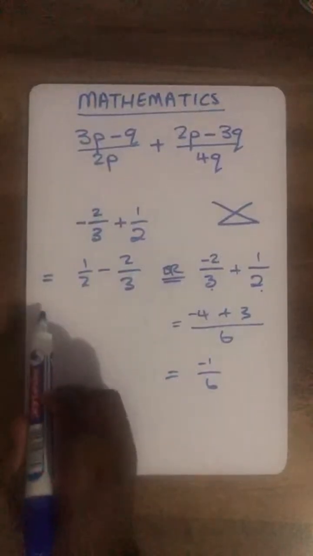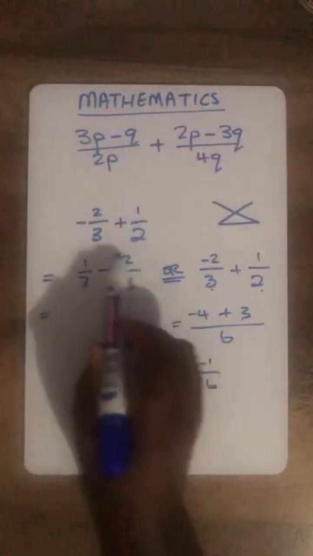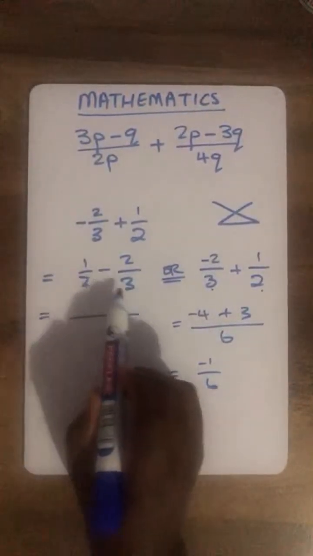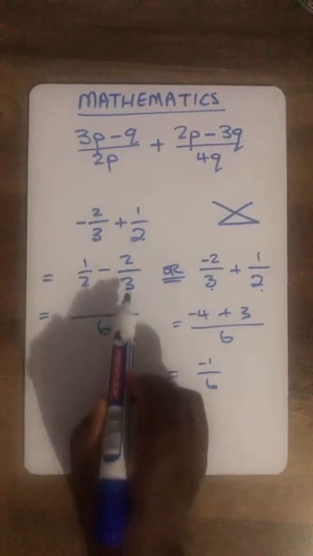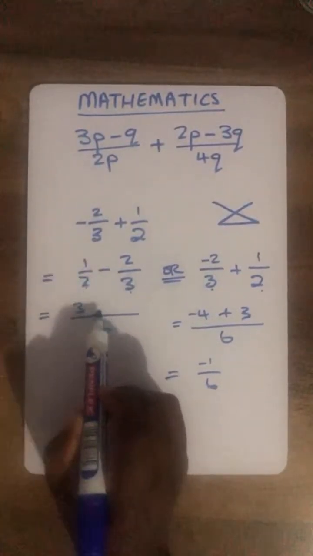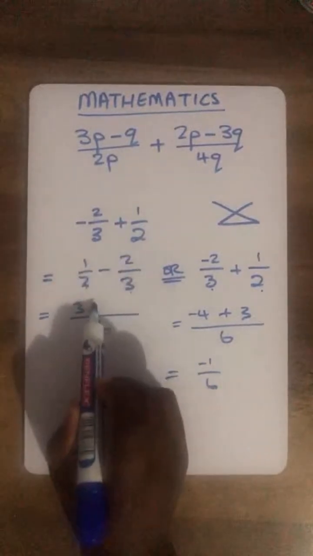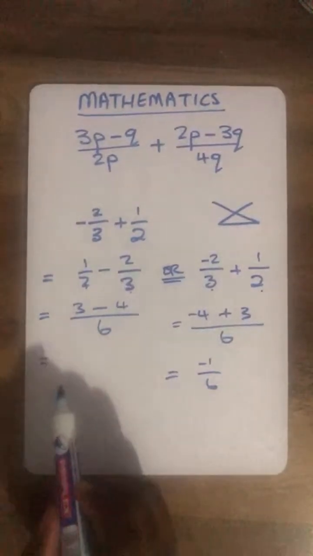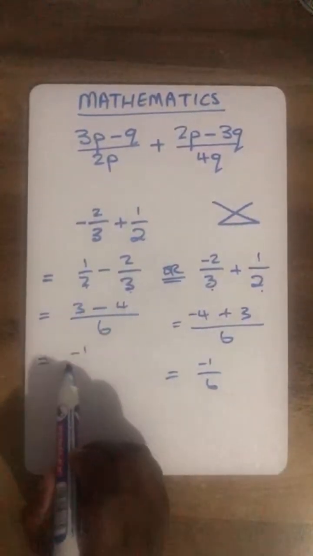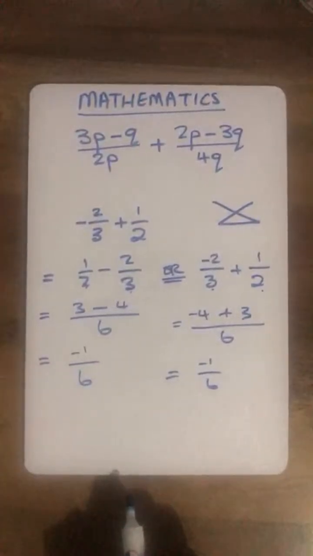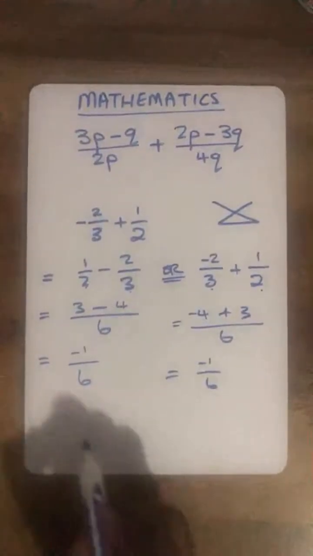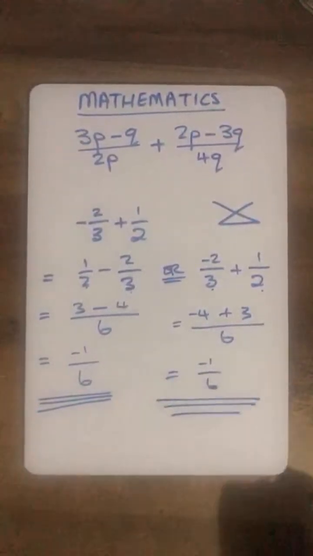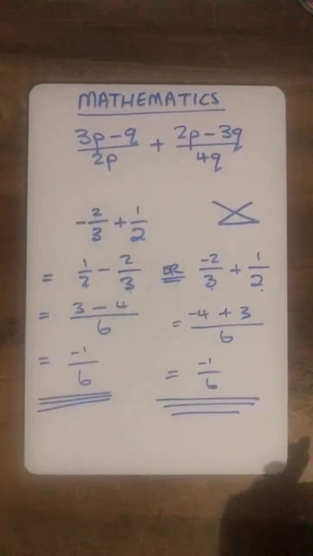And then when it gets to this part, you still do the same. You have 2 multiplying by 3, which is 6, and then you end up having 3 minus 4, that is negative 1 over 6. So can you guys see, whichever way you work it out, you still get to that same final answer.